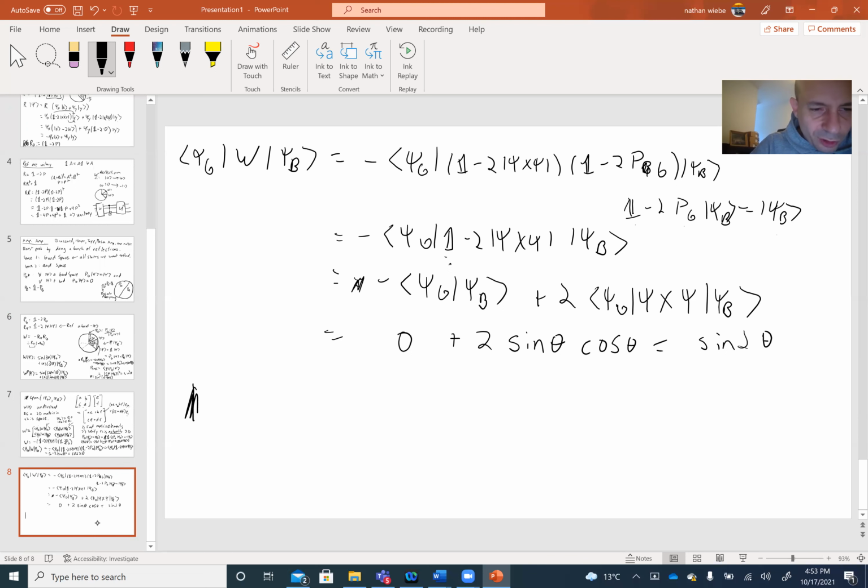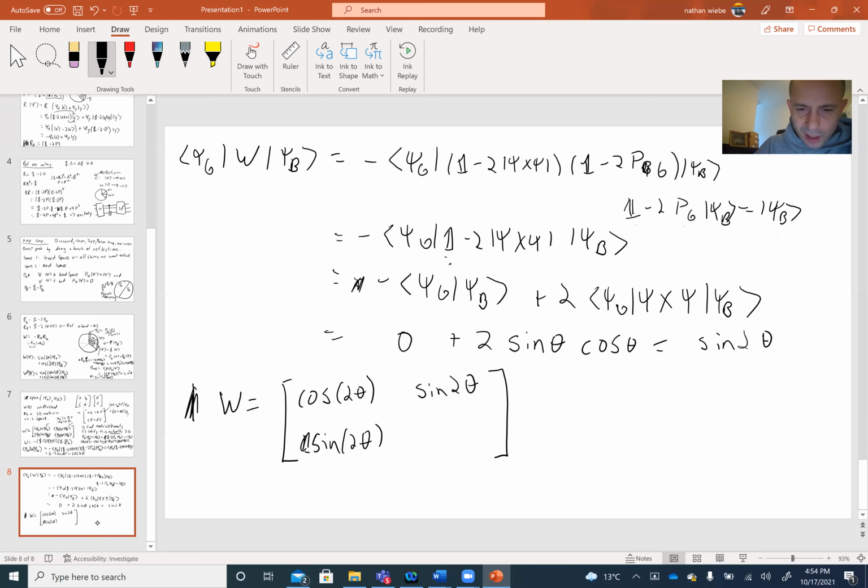Our W matrix, by going through this algebra, we verified that it can be written as cosine 2 theta, sine 2 theta, and then carrying out the rest of the analysis. I won't bore you with the details, but we can figure out all the rest of the matrix elements over here. We end up getting that this is sine 2 theta with a minus sign, and this is cosine 2 theta.